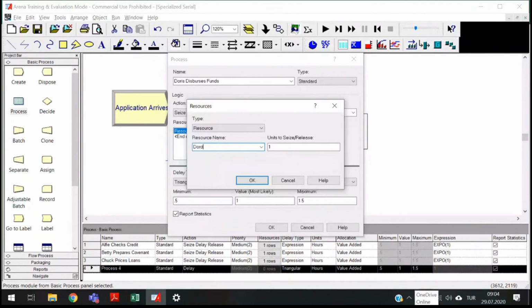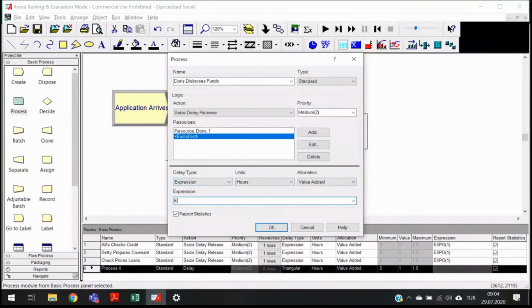In this process, every client seizes 1 Doris, requires 1 Doris to do their jobs. And again, the delay type is in hourly units, exponential with average one.